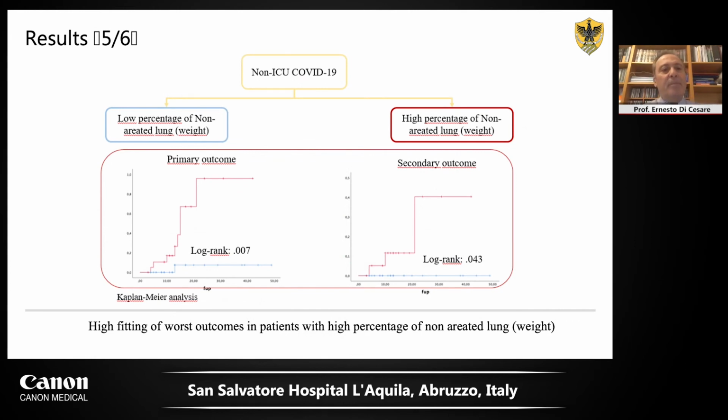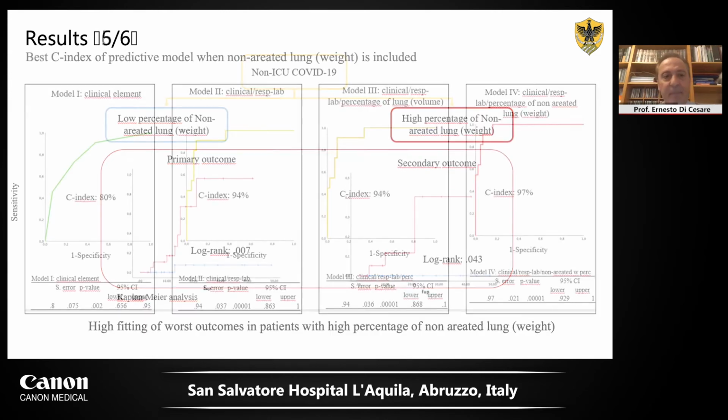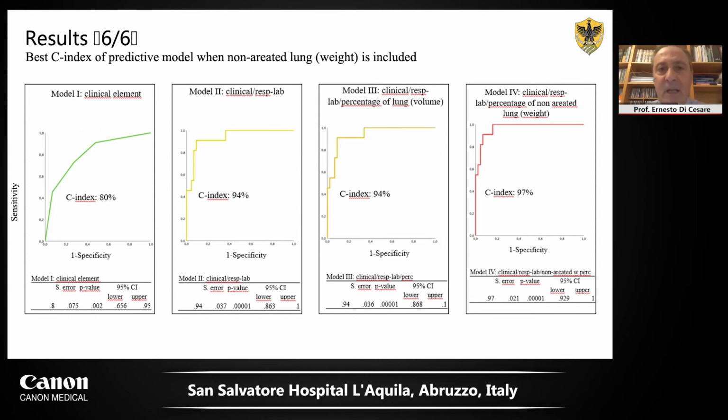Finally, if you look at patients with low percentage of non-aerated lung weight and high percentage of non-aerated lung weight, you can observe great differences for both primary and secondary outcome. This is of particular interest because if you analyze only clinical elements, this index is 80% in our group.